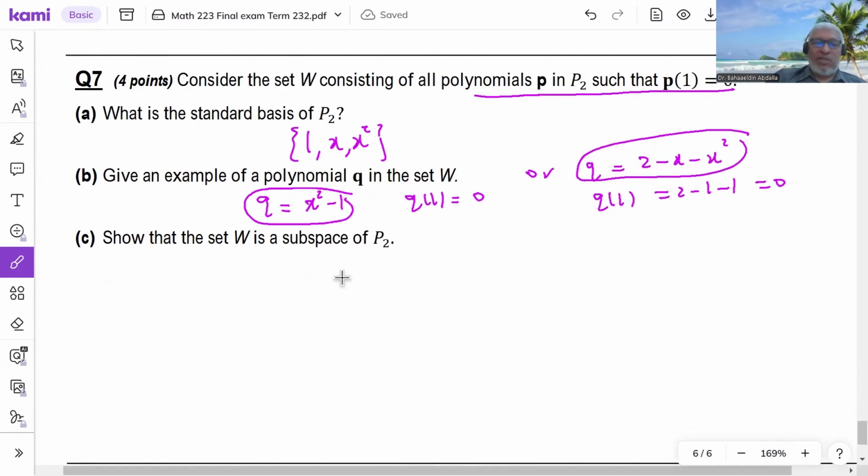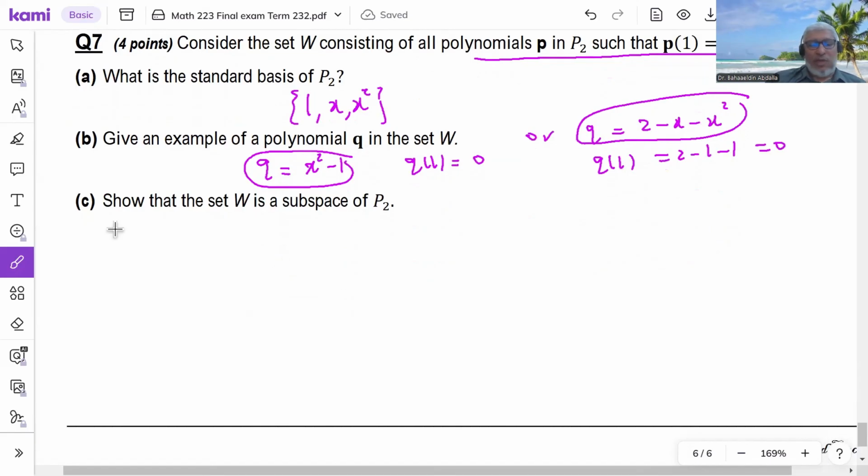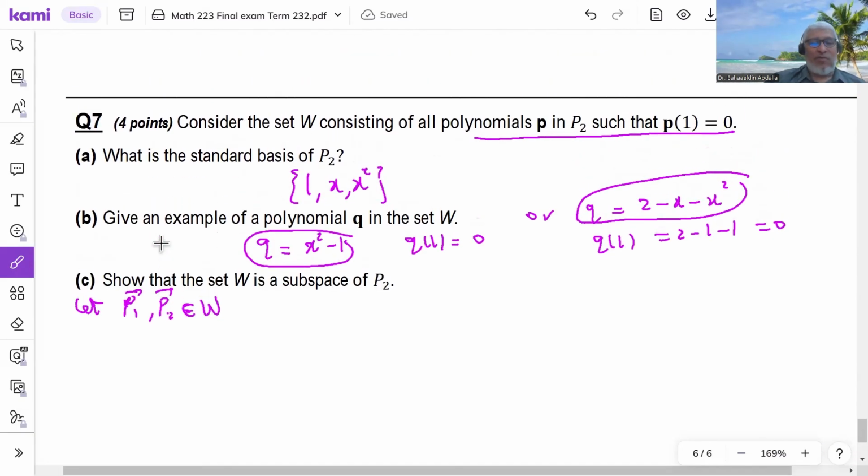Show that W is a subspace of P2. W would be a subspace if we take any two polynomials, P1 and P2 in W, and prove that their sum and scalar product with each one of them is also in W. But first, what is the meaning of these two polynomials being in W?